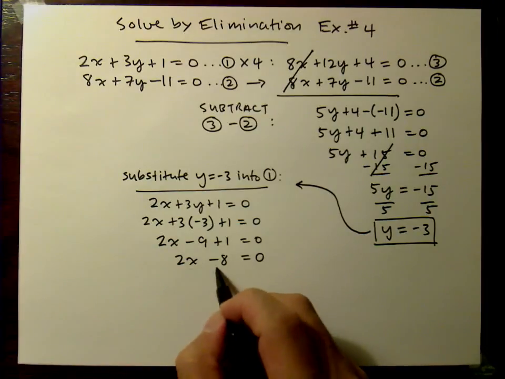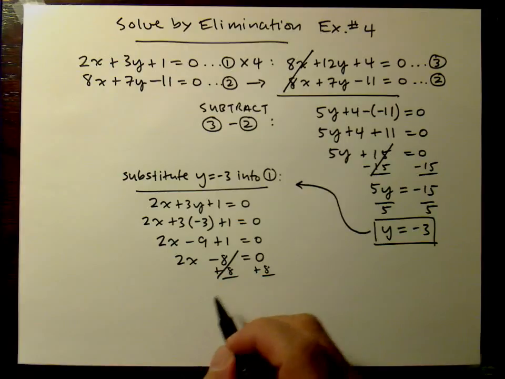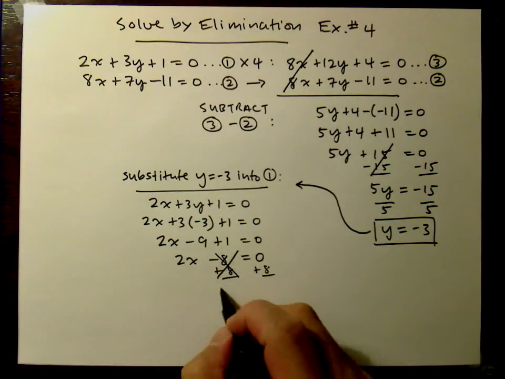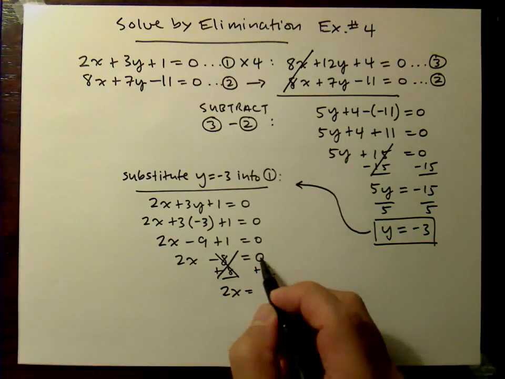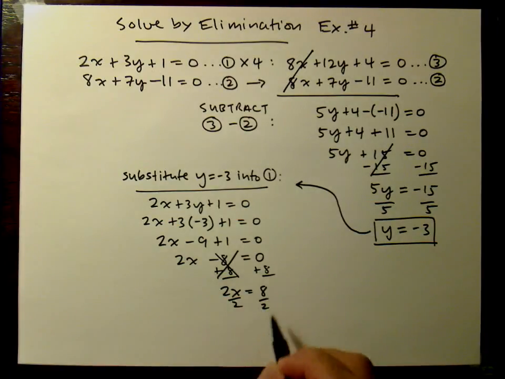To isolate x, let's add 8 to both sides so that the 8's are gone. I get 2x is equal to 0 plus 8, which is 8. Divide both sides by 2, and I'm left with x equals 8 divided by 2, which is 4.